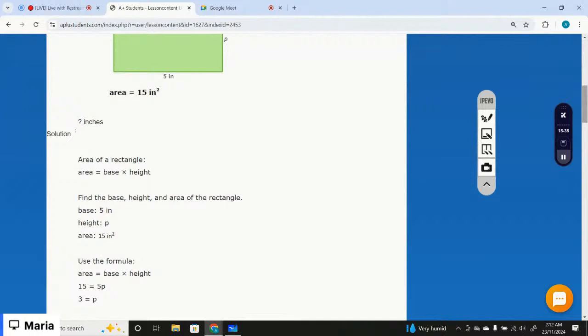So that is 5 times p equals 15, and p equals 3.